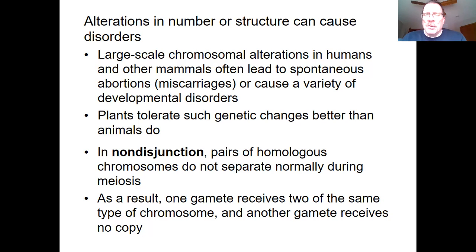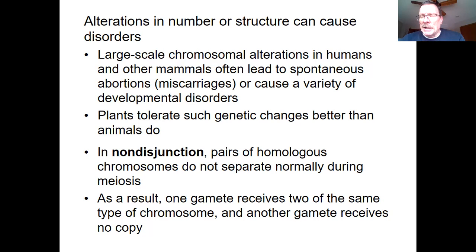Now, huge chromosome alterations in humans and mammals often do not lead to a viable offspring. Often those are miscarried or cause a variety of developmental disorders that don't allow that offspring to survive. Plants, on the other hand, have adapted in a way that they tolerate genetic changes better than animals do.